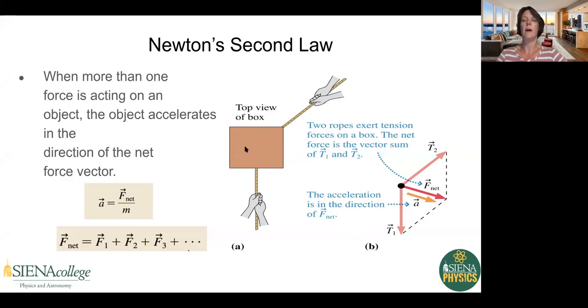If we were to pull on this box, we could look at these two vectors. T1 is down and T2 is to the right. And so we can find that net force by adding vectors. We could say T1, and then we can add T2, and we will end up with this net force down and to the right. And that means that we will have an acceleration down and to the right.